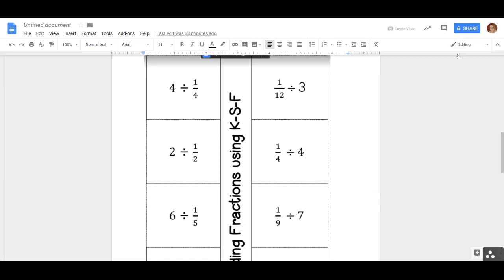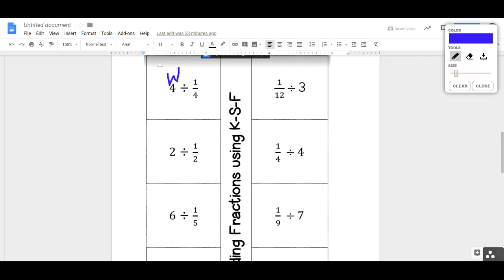Now, here's the kicker. If our problem starts with a whole, then the answer is going to be a whole. So for example, this 4 is a whole, which means my answer better have a whole in it.